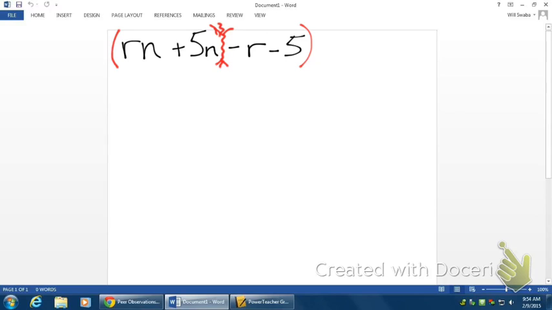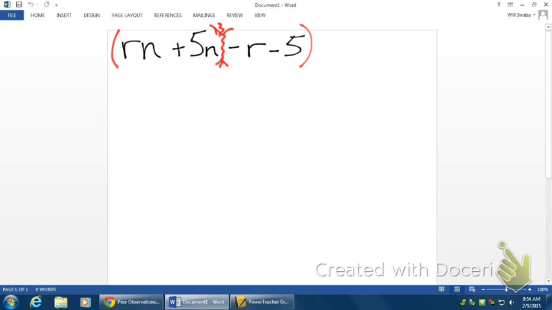Now, anytime you have four terms like this, I want you to factor by grouping. So I want you to look at those first two terms, rn and 5n. What's going to be the greatest common factor of these two? Just those two.